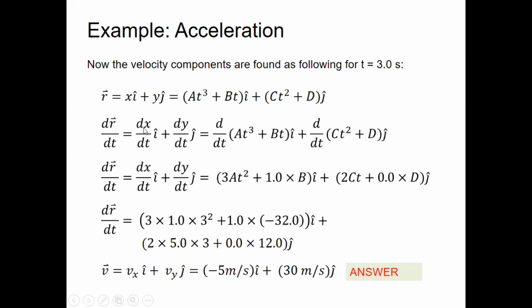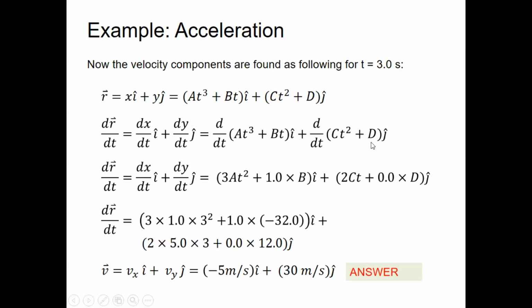Taking the derivative means that we will take the derivative of x with respect to time and the derivative of y with respect to time. The i unit vector is a constant and the j unit vector is also constant, so they will not have any derivatives. Therefore, they are taken out of this. Once we write it in further form, then the time derivative will be of a t cube plus b t, and the time derivative will be of c t square plus d.